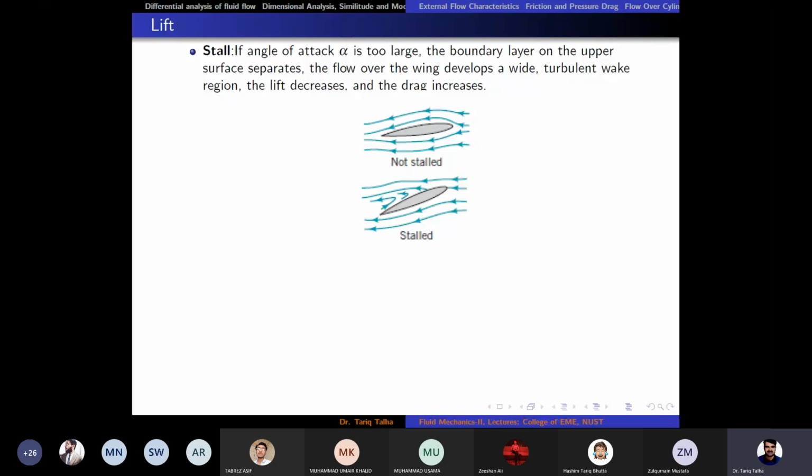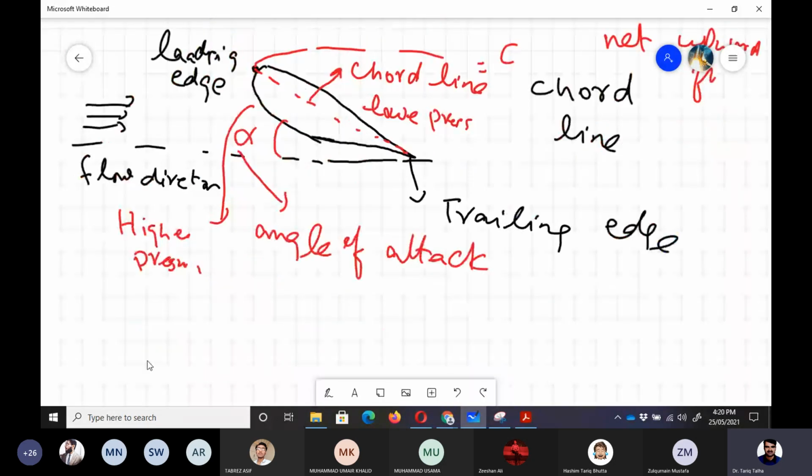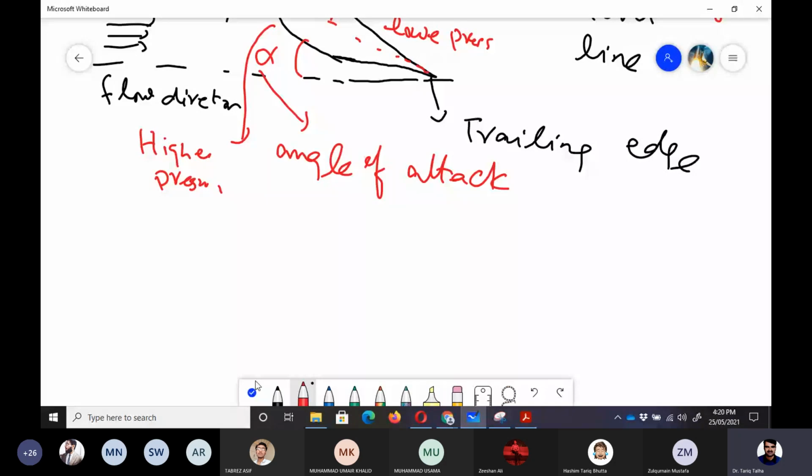So if the drag force is very high, then the aircraft cruising speed wouldn't be maintained. And when the cruising speed isn't maintained, because the lift force is directly proportional to the square of velocity, the lift would eventually drop. Why? Let me write the lift force relation here. Lift force, which is FL, is CL into half into rho u squared into area.